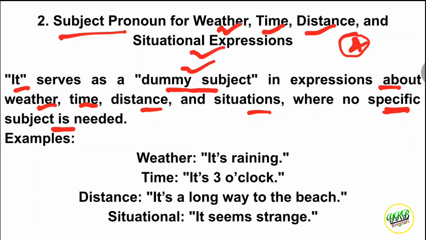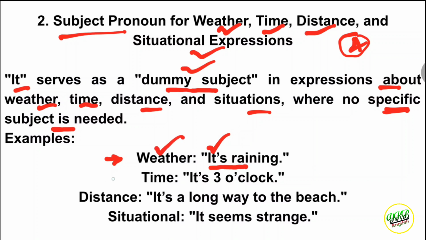So let's see an example for weather. It is raining. So it is a dummy subject here. This sentence talks about weather.